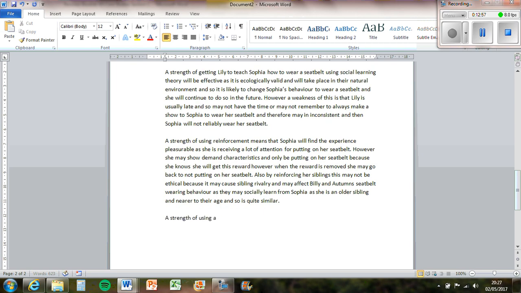A strength of using a cartoon is that it is standardised and so is easily replicable, and therefore the outcome of affecting Sophia and whether she wears a seatbelt is reliable.